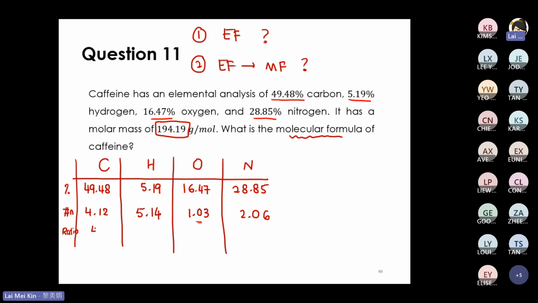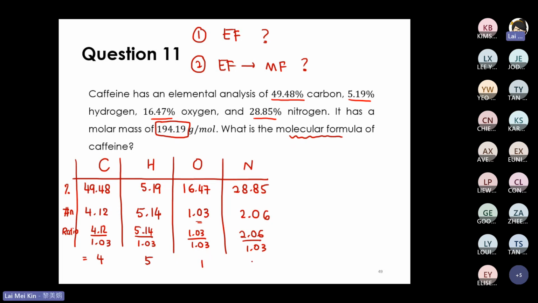Okay, let's try to divide everything by 1.03. Uh, 4.99, right, for hydrogen. Okay, so let's round it to 5 because it's 4.99.